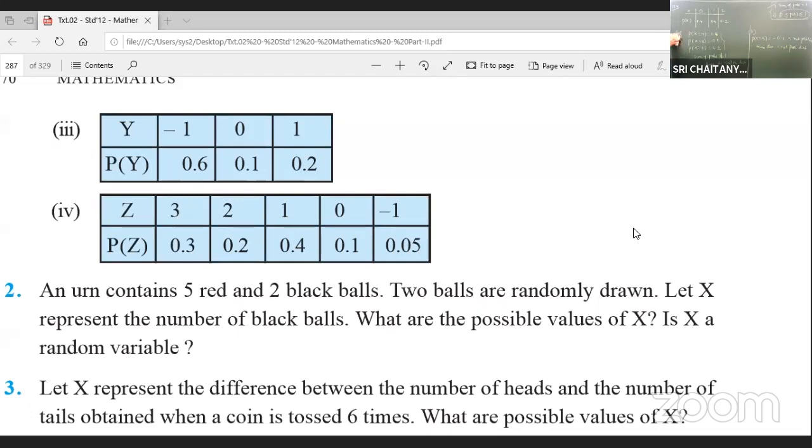Right. And observe the next problem on the screen. P of x is equal to, you add 0.3, 0.2, 0.5. I hope it is more than 1.